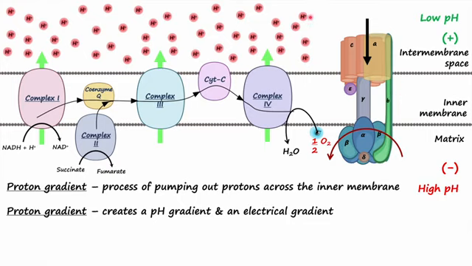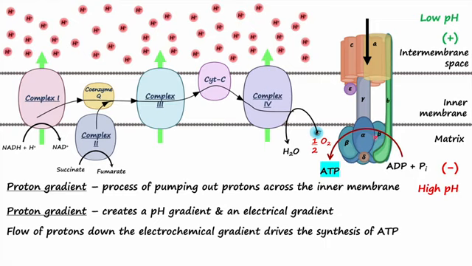The flow of protons down the electrochemical gradient into the mitochondrial matrix drives the synthesis of ATP with the help of the ATP synthase enzyme. And this phenomenon of synthesizing ATP through a proton gradient is called Mitchell's chemiosmotic hypothesis.